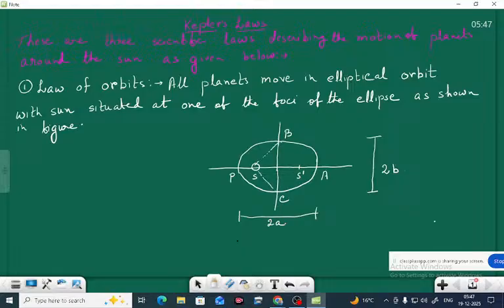Now the closest point P is called the perihelion. You see here, this P is the closest point to the sun.